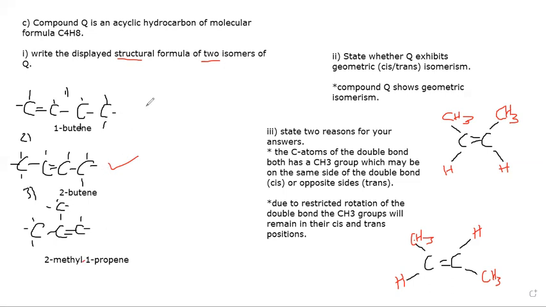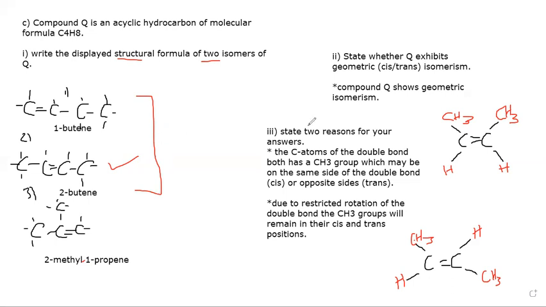So if you were doing this, and you drew 1-butene and 2-methyl-1-propene, your answer here would be no. Right? So if you drew, let's say, 1-butene and 2-butene, then compound Q is a yes.